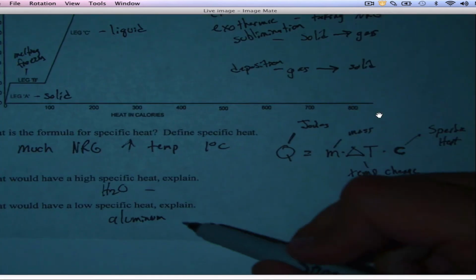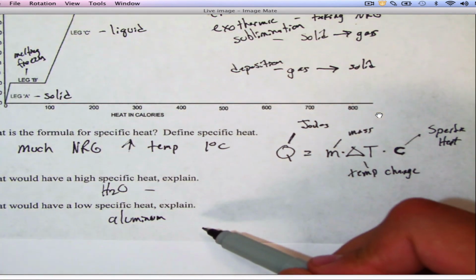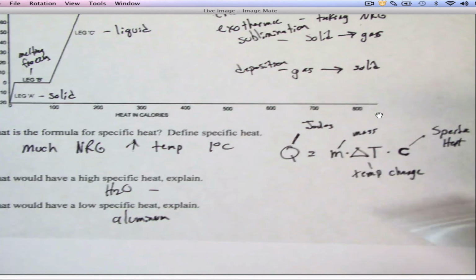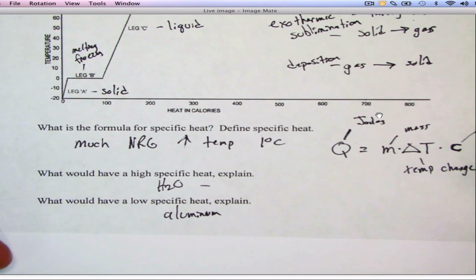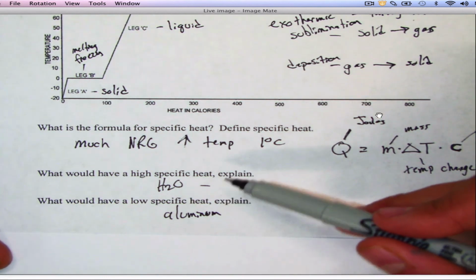It takes very little energy to heat it up, and takes a very short time for it to cool down. So specific heat has a lot to do with how long it can hold on to that energy and how quickly it gets rid of that energy. That's why we use metals for cooking, because they heat up really quick and they cool down fairly quick. All right. Whereas water heats up very slowly, but it also cools down very slowly.